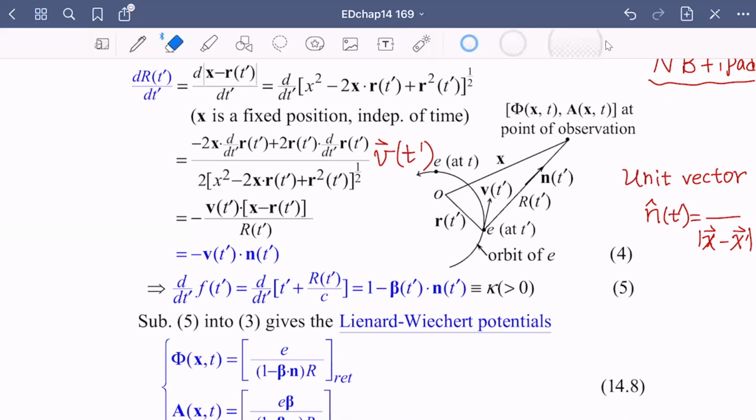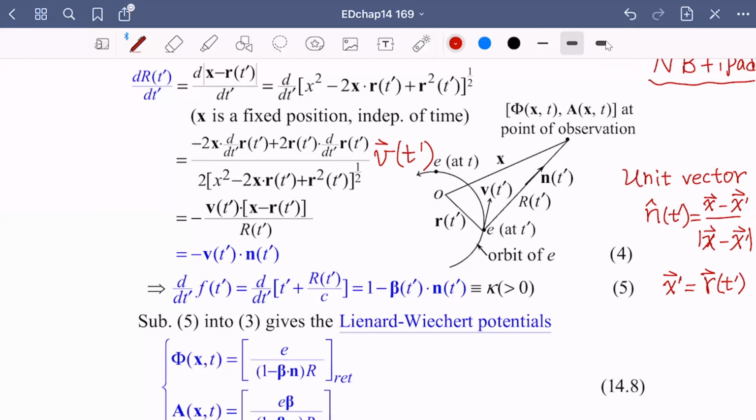Unit vector x minus x prime. But this time we express x prime as R t prime. Okay, slightly different expression.